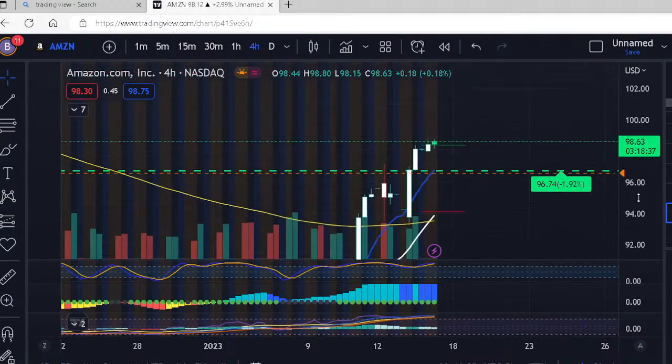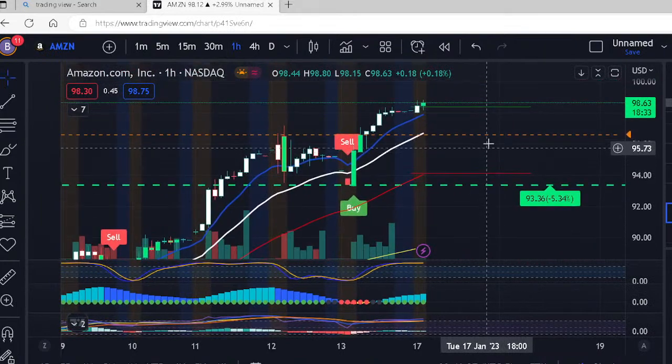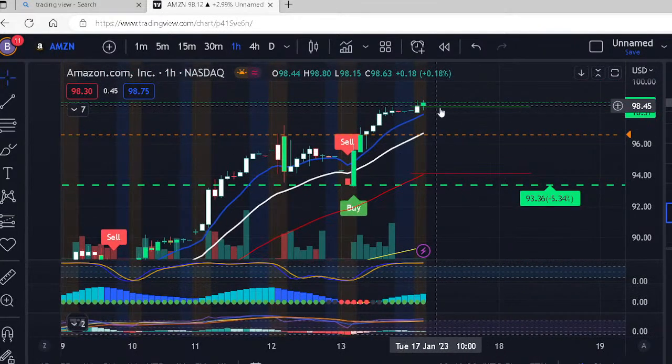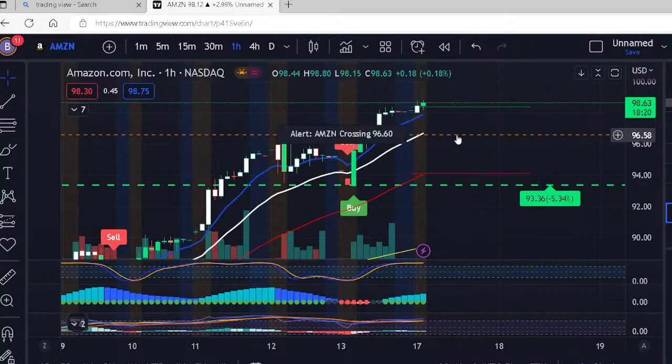For the put trigger, jump back over to the hourly. I like to use the hourly because that's just how I am. Obviously, if it rejects previous day high, my put trigger would be right here at 97.64. My first price target would be the 200 on the 5-minute, which is 96.60.